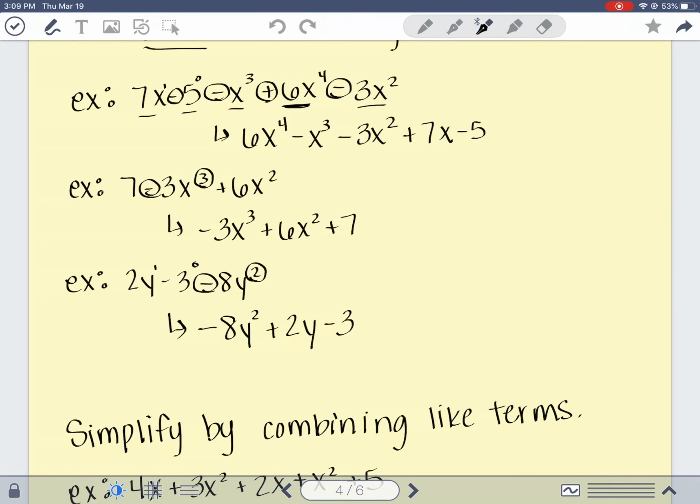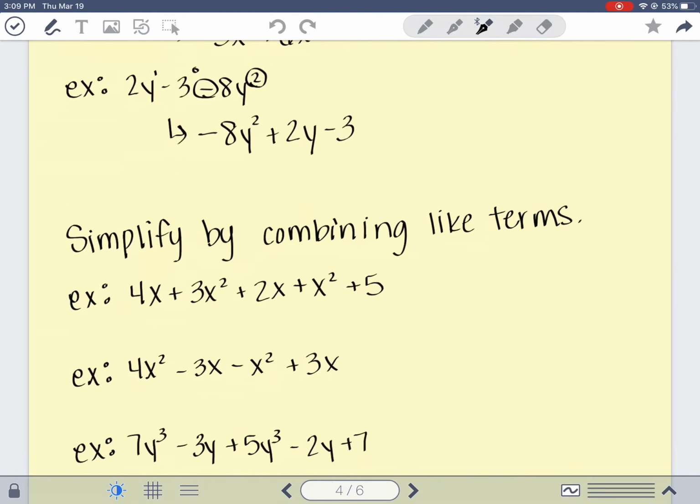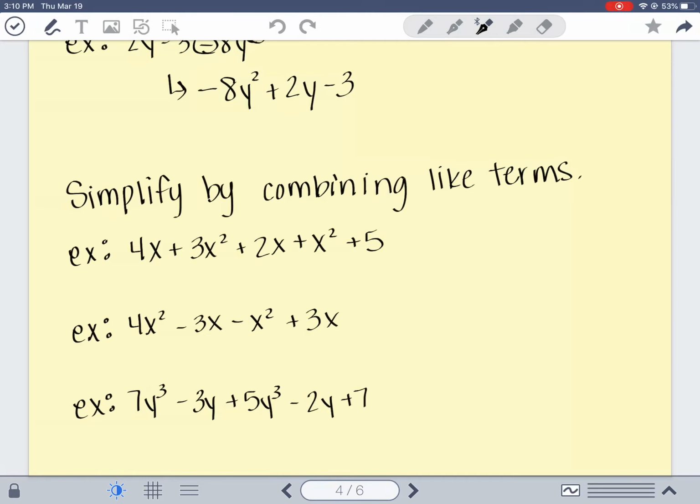All right, and then on this video, the last thing that we are going to do is simplifying by combining like terms, which we've already been doing. Okay, we've done this in the past when we have been solving linear equations. It's just a little different now because we have degrees here.